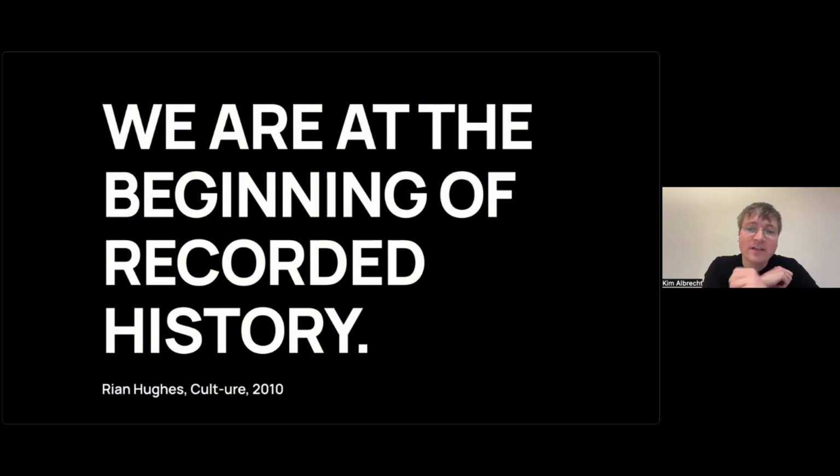In the context of design and design books, I can highly recommend this book by Ryan Hux. It's called Culture. And on one page, he writes that we're at the very beginning of recorded history, and data seems to be able to represent everything in the world. It is the ultimate meta medium, able to represent any other structure from text to images, sound, video, to data formats such as statistics, networks, and so-called complex systems.